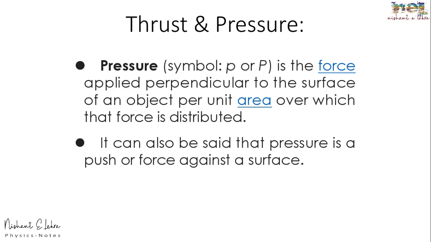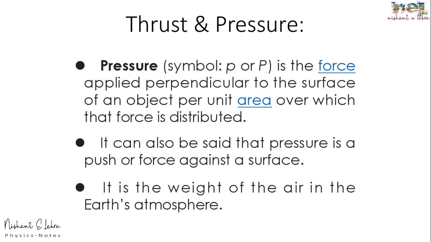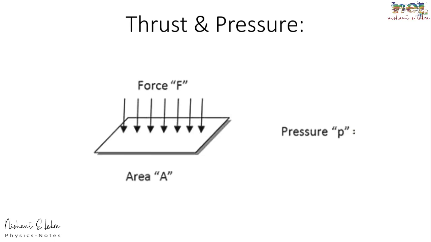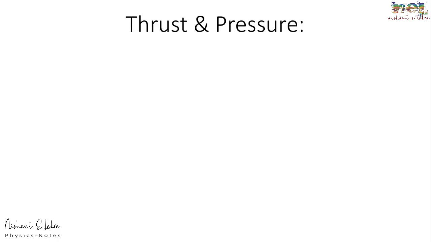It can also be said that pressure is a push or force against a surface, and pressure is the weight of the air in the Earth's atmosphere, right? The weight of the air in the Earth's atmosphere also is a pressure. Like for example, there is a force of air on the Earth's atmosphere, or any force applied on a particular area experiences a pressure.